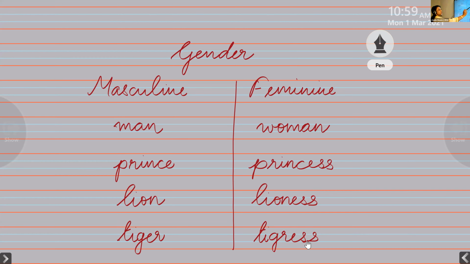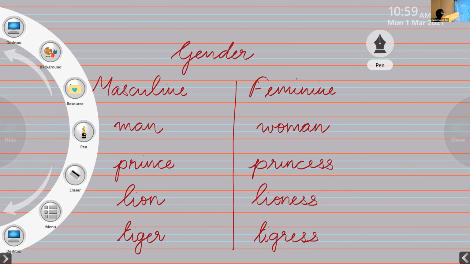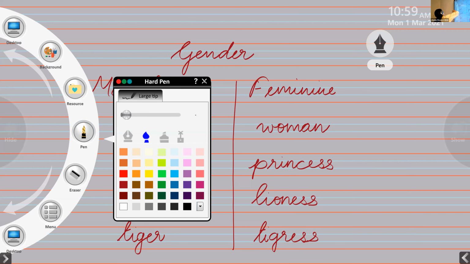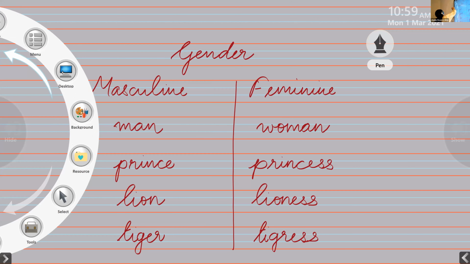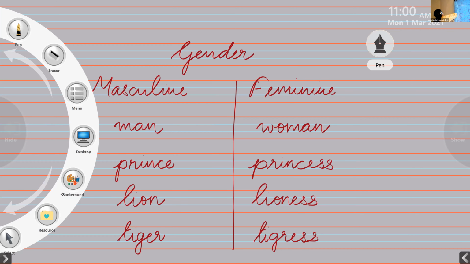This is princess, lioness, tigress. The R is there. So please pronounce that letter too. It is tigress. Okay. So as you pronounce the word properly, you will not make spelling errors. Please keep that in mind.